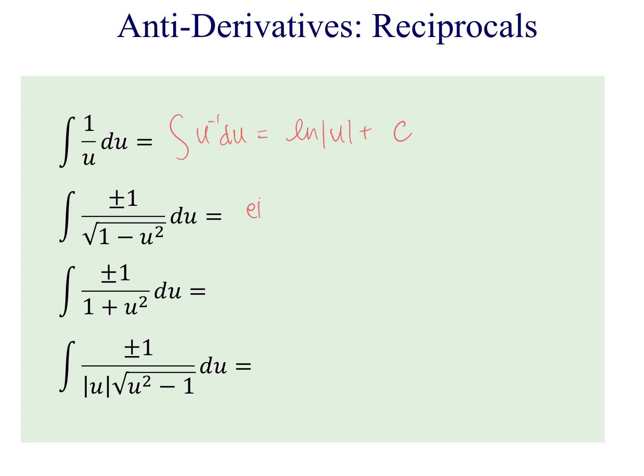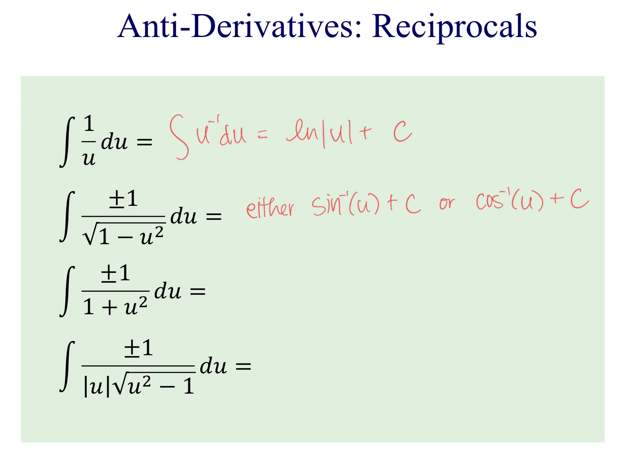So it's either sine inverse of u plus c or cosine inverse of u plus c, depending on if it's positive or negative. You should recognize that since that square root represents the derivative of the inverse cosine and sine, the antiderivative would be connected to that.